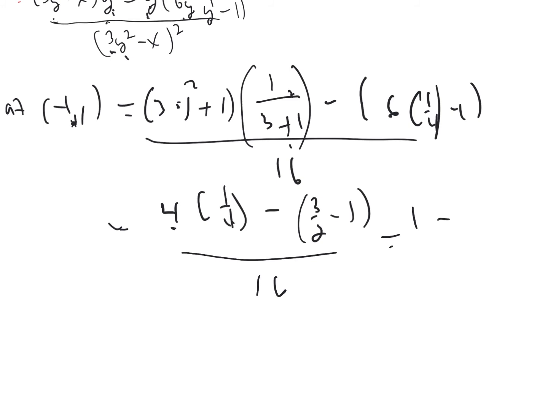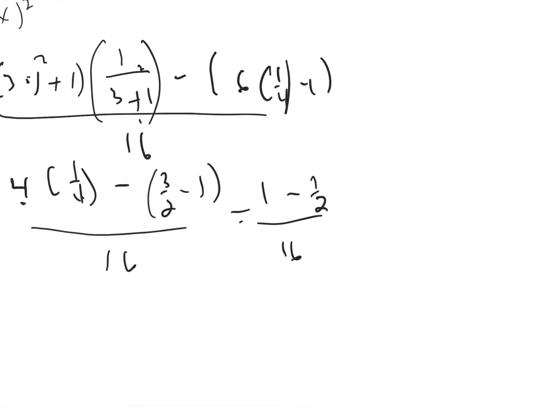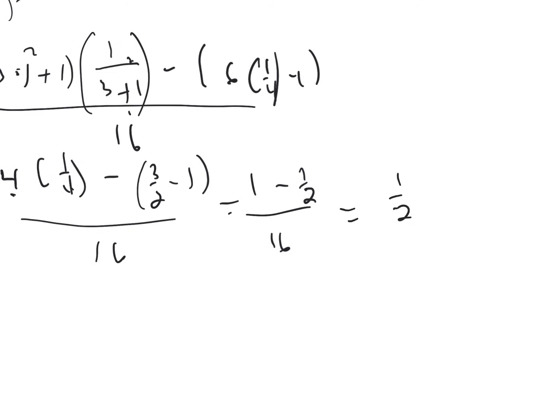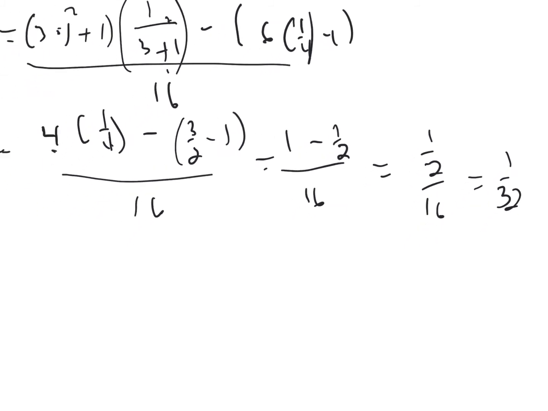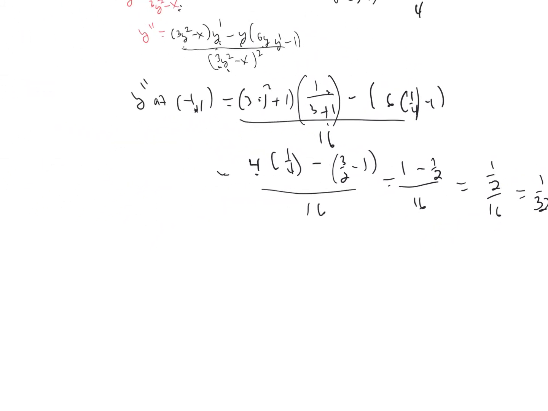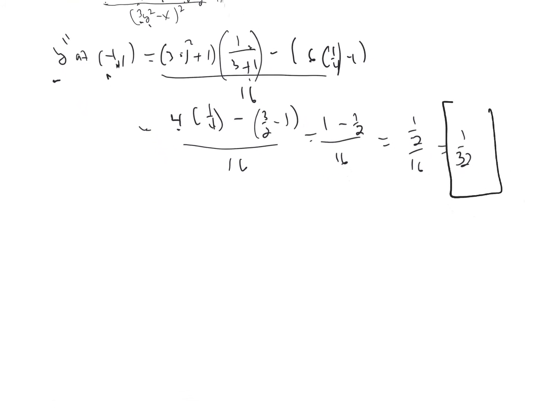And minus 3/2. 3/2 minus 2/2 is a half, I think, over the 16. 1 minus a half is a half over 16. So flip the 16 to 1 over 16. I'm going to get 1 over 32, I hope, would be my second derivative. So the second derivative at that point is 1 over 32.